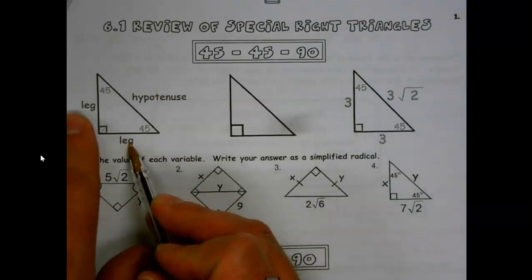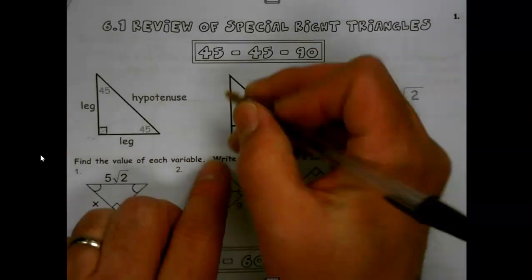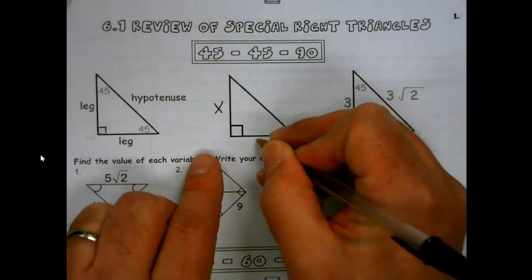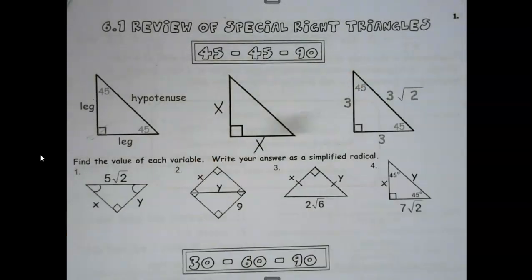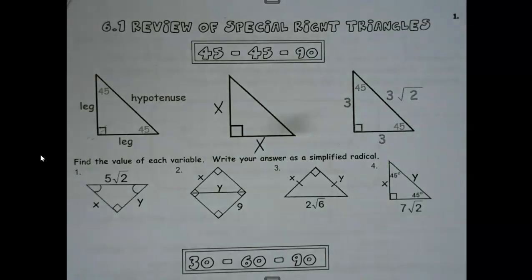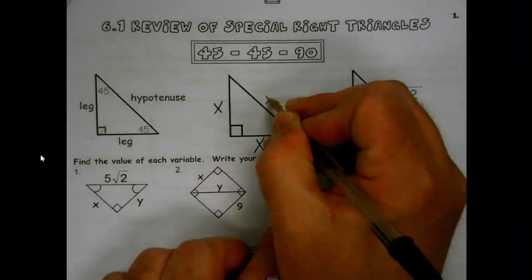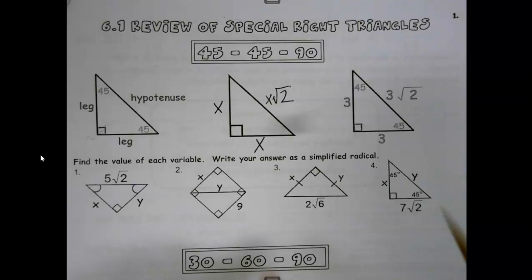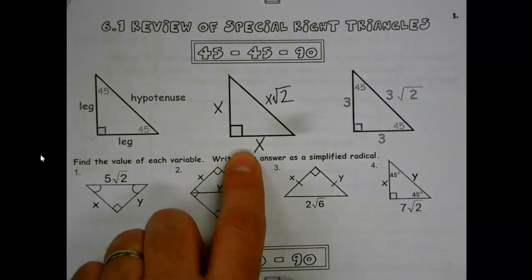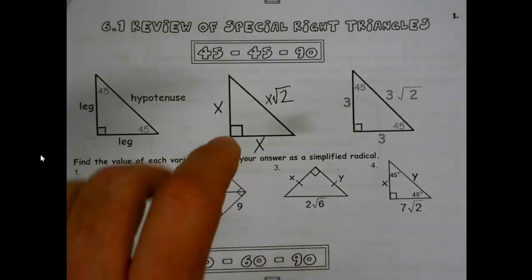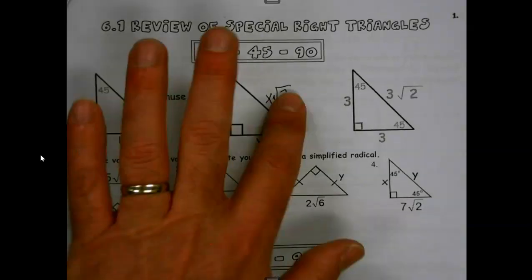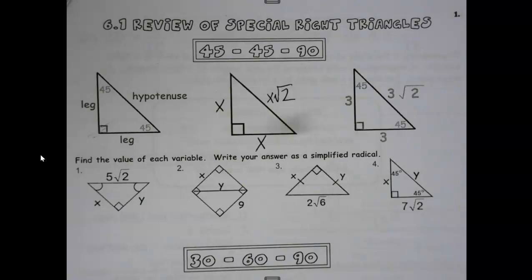In a 45, 45, 90, the legs are the same. So if we're talking generically, your two legs are just x, and your hypotenuse is going to be x times the square root of 2. Knowing this pattern is important because when I start giving you this side or this side, we're going to make mini equations sometimes.